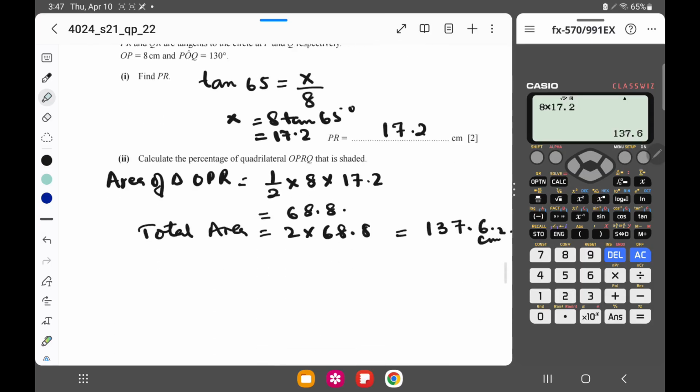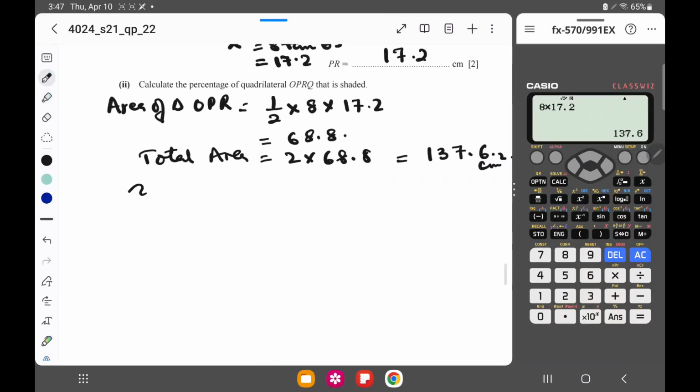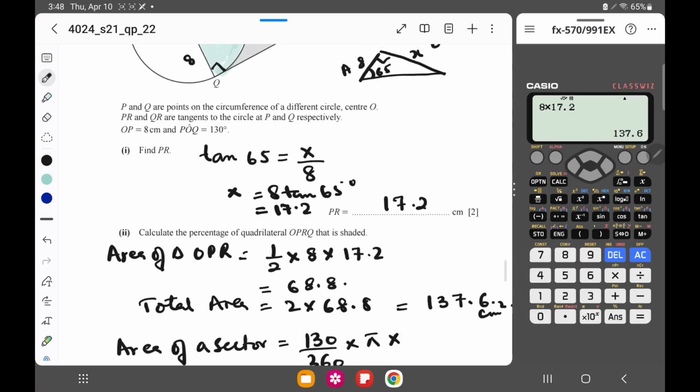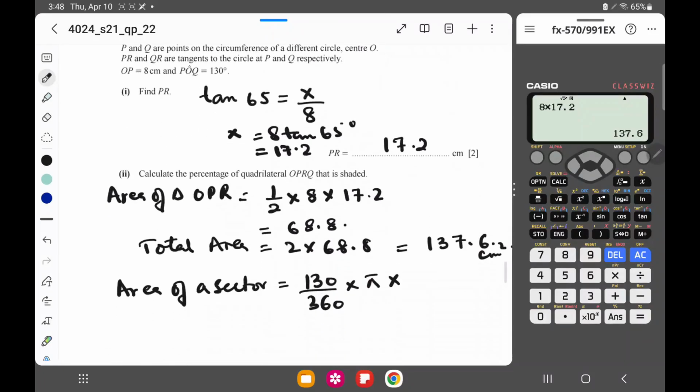The area of a sector is equal to angle upon 360 degrees into pi into r square, and the radius is 8, so 8 square.